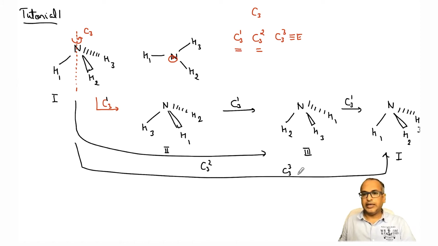So C3 cube is equivalent to doing nothing, that is, the identity operation. From C3, the independent operations are C3 and C3 square, and C3 cube is equal to identity.